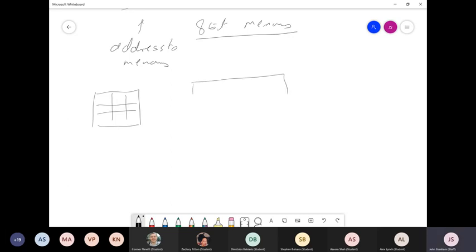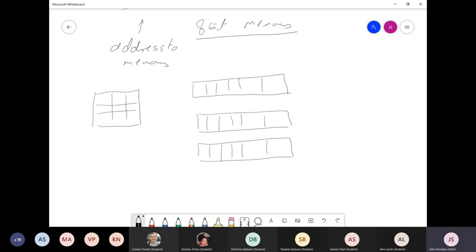Here are my devices. I can now draw them as memories. Again, each 8 bits. Those locations addresses 000 to 111.